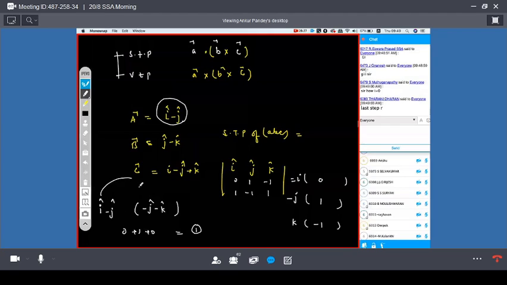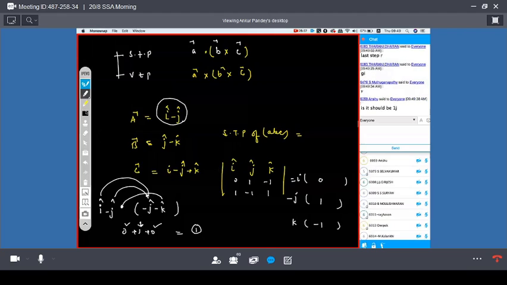Last step, beta. See, i to i, is there any i? No, so 0. j to j, is there any j? Yes, minus 1 into minus 1, plus 1. k to k, is there any k here? 0 into 1 is 0. Clear? Coefficient of i, beta. Easy?